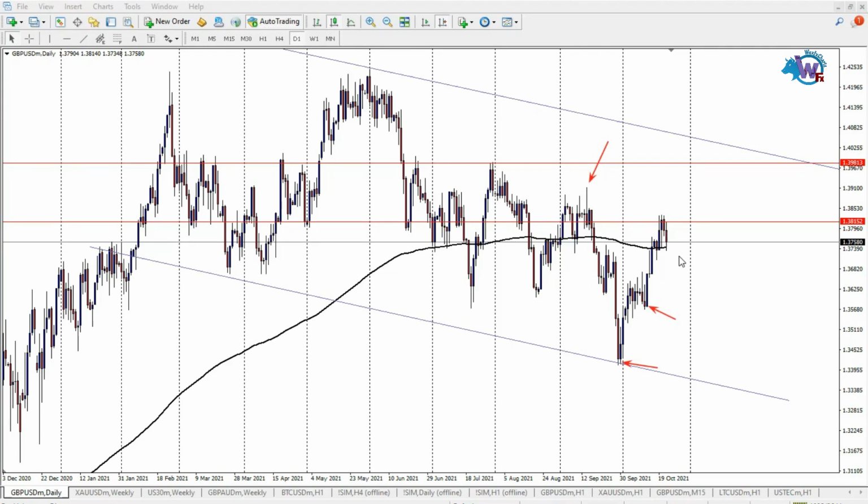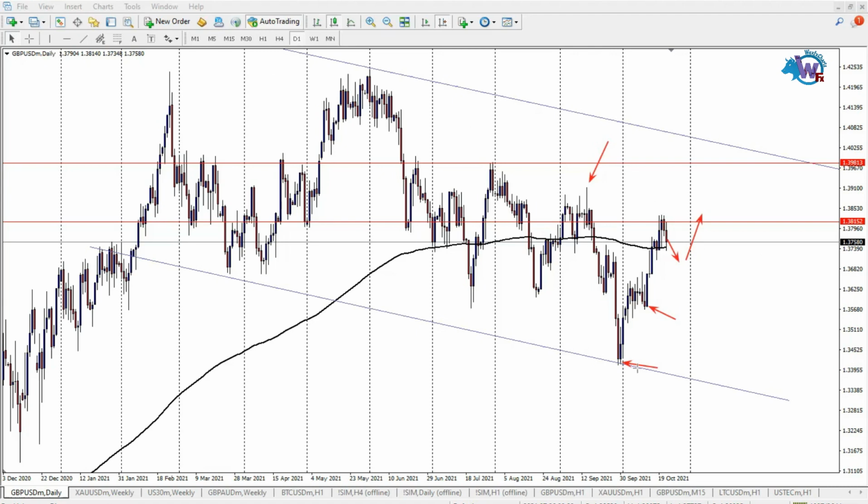On that note, I will probably not be looking for sells. I will only be focusing on buys, but I'd rather wait for price to dip, then I will buy. Basically, directional wise, I'll be focusing on buys on the pound dollar.